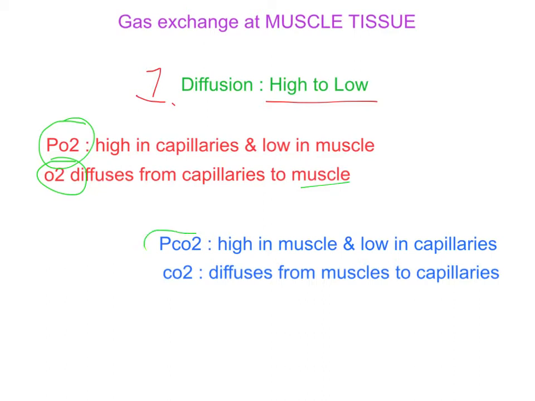Then the pressure of carbon dioxide, that it's high in the muscle and low in the capillaries, and that carbon dioxide diffuses from the muscles into the capillaries. Do your common sense check. Is that what we want? Of course it is. We want the oxygen into the muscle, and we want the carbon dioxide back into the capillaries, into the blood, so we can get it back up to be breathed out.